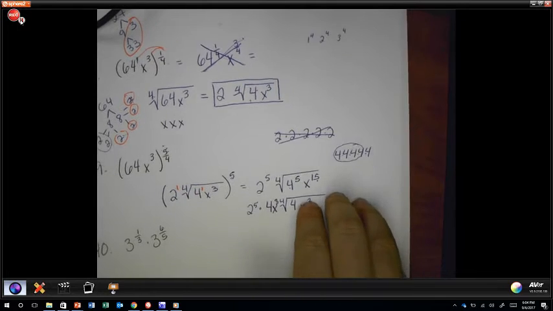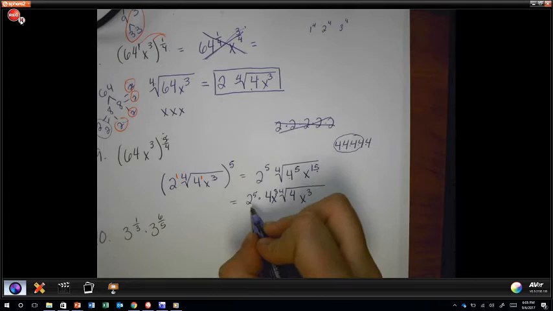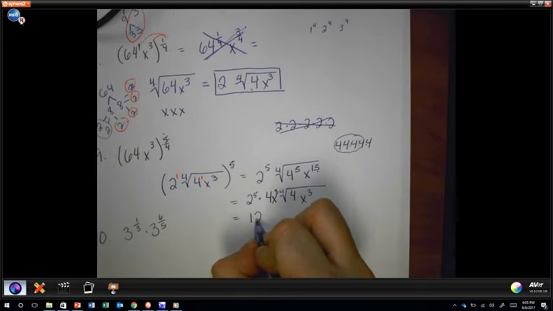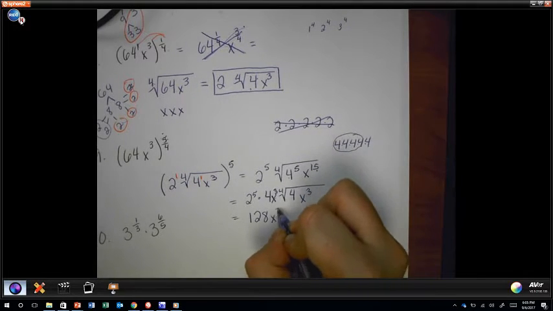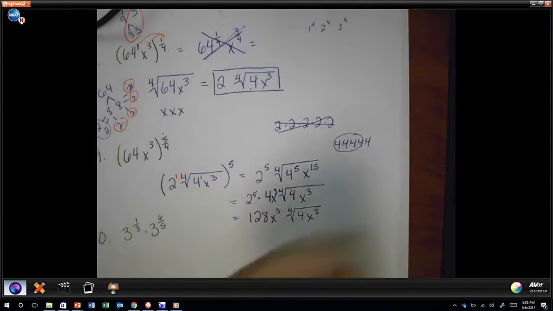That's a little crammed. Let's write it again. 2 to the 5th, I actually know, is 32. So I can take 32 times 4, which gives me 128. I have x to the 3rd and the 4th root of 4x cubed.